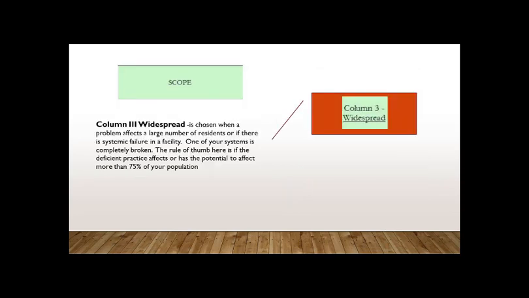Then if we talk about widespread, this is when it affects 75% or more of your population. A good example of widespread could be environmental or maintenance: you have an old-fashioned radiator system, and all your beds are scooted towards the window, up against the radiators, because that's the only placement.